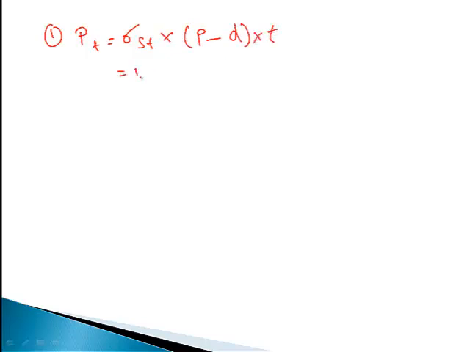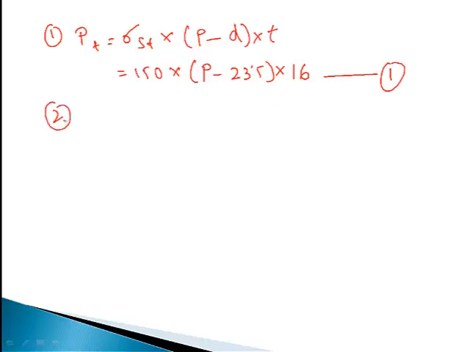Okay, 150. P, we don't know the pitch. We have to assume D is 23.5. Thickness is given as 16. Okay, but we don't know P, let it be. For shearing, consider a single rivet.